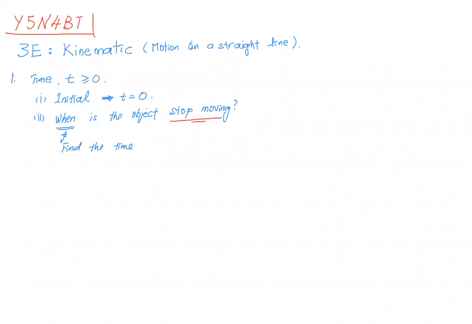Anyone here in the class? Okay, someone has answered that stop moving means the velocity equal to 0.